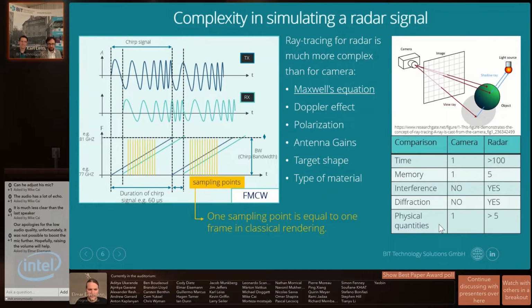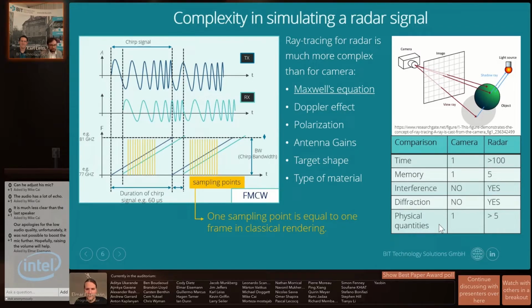For the sake of the discussion, let me explain the other factors which are very important for the radar and not that important for the camera. We have the Doppler effect and, of course, polarization. Unlike the camera, which is like a single sensor, the radar sensors are normally organized within arrays of transmitting and receiving antennas.